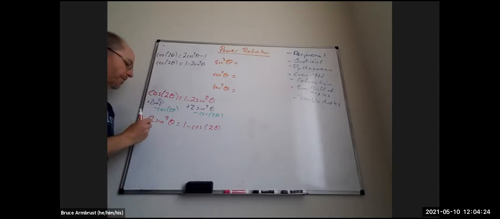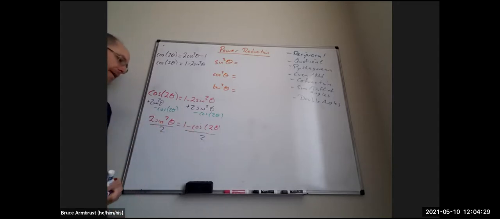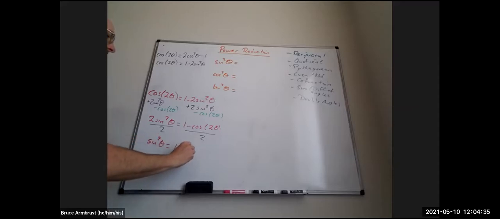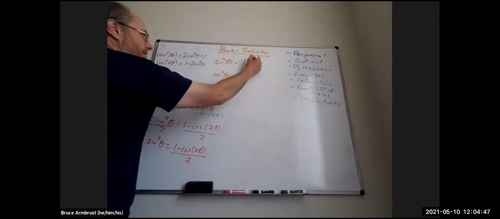And then one more quick algebraic step. We'll just divide both sides by 2. And we get sine squared theta is equal to 1 minus cosine of 2 theta, all divided by 2. And that actually is the power reduction identity for sine.